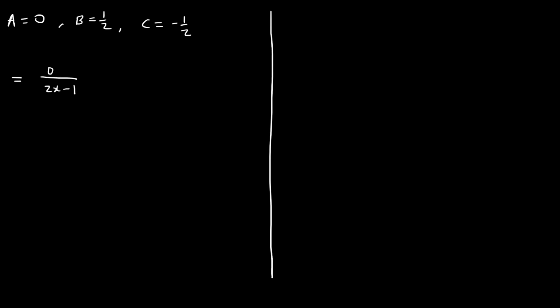Okay, so remember we just calculated a to be 0, b to be positive half, c to be negative half. So now if we go back to our integral sign, we had a over 2x minus 1 plus b over 2x minus 1 squared plus c over 2x minus 1 cubed.